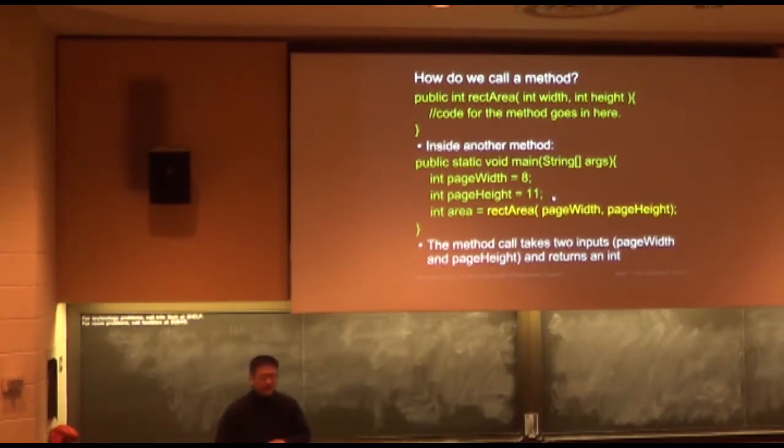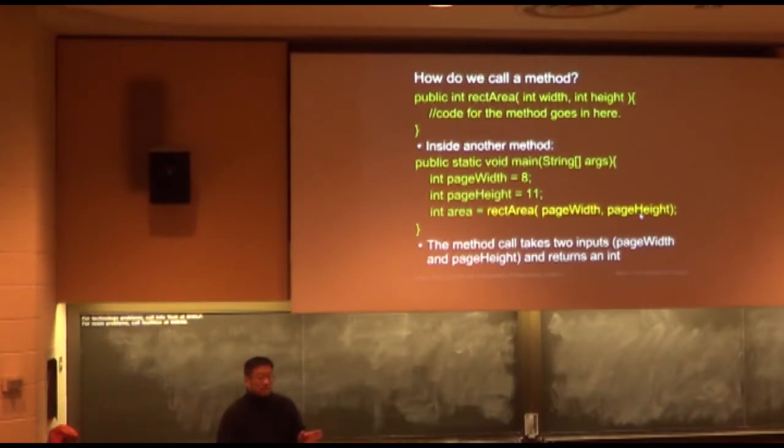And so a common rookie mistake is to expect that you have to have two integers here, where one is defined as width and one is defined as height, exactly spelled this way, capitalized this way, and plugged in here in order to make it work.